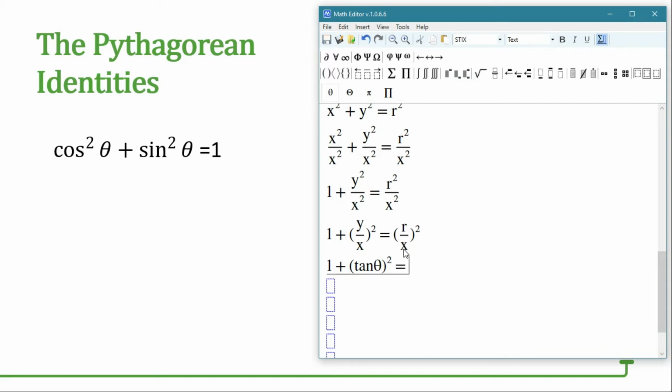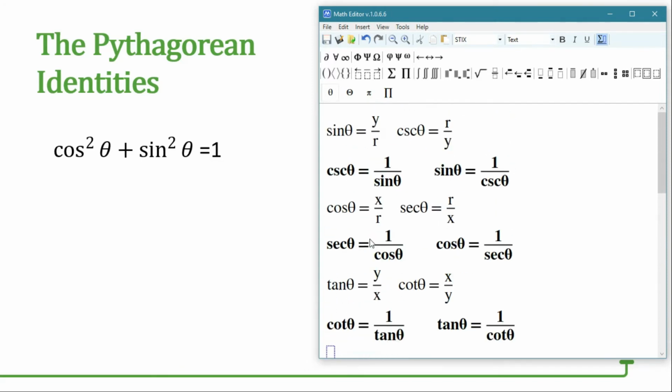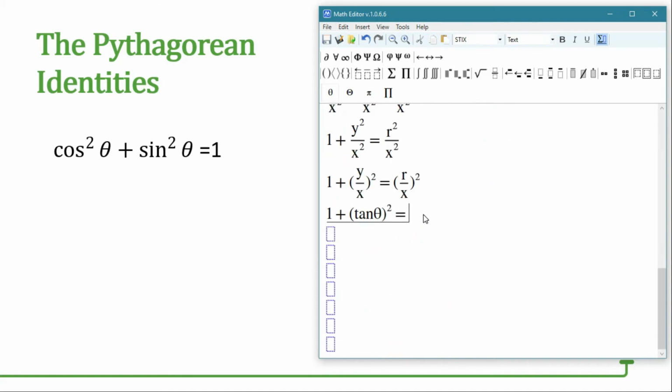R over x is the reciprocal of x over r, and that is cosine. So r over x is the secant function. So we have the square of the secant function of an angle.